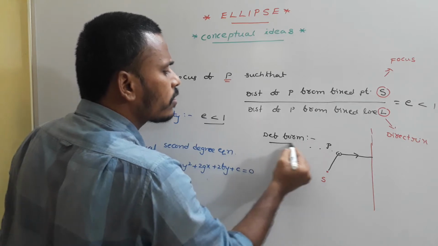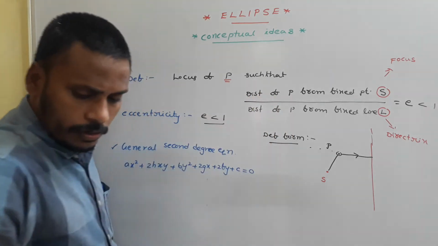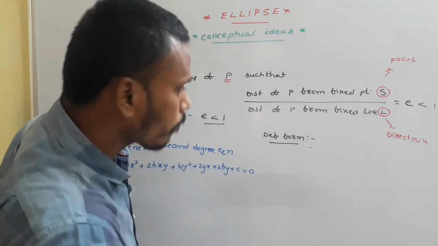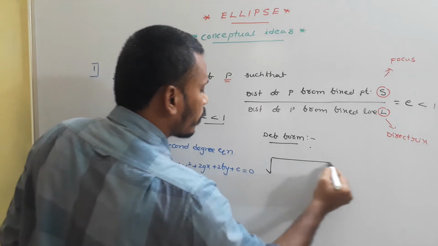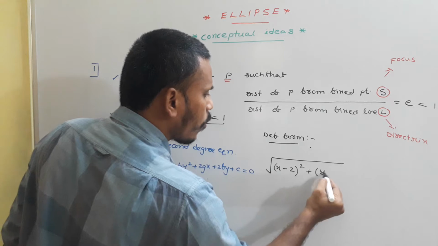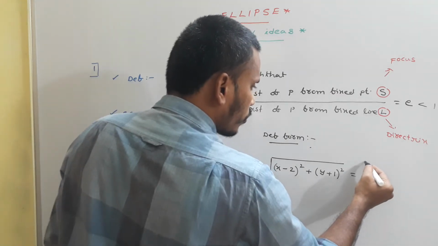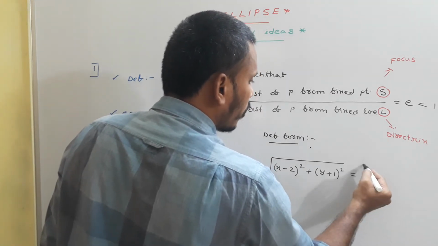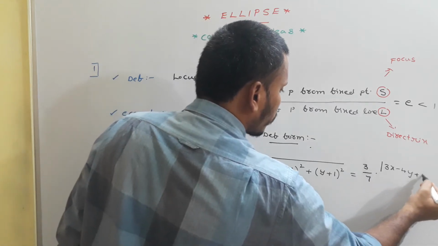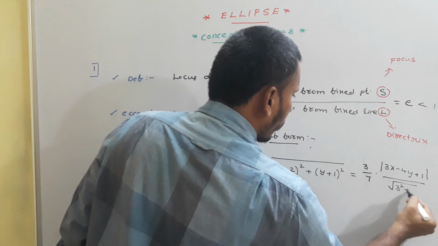What is this definition form? Based on this locus of P, suppose there are some questions based on this definition form. Something like this: square root of (x minus 2) whole square plus (y plus 1) whole square equals something, say 3/7 into modulus of (3x minus 4y plus 1) divided by root of 3 square plus 4 square.